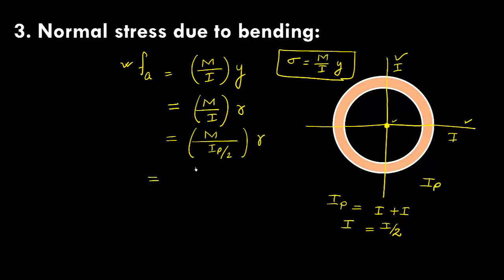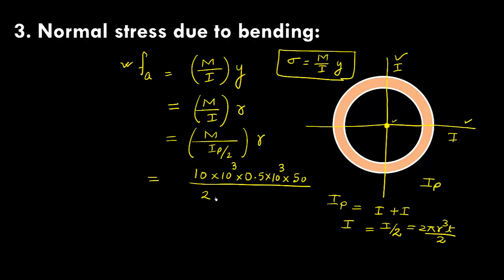Now let us plug in all these values. Moment is force times distance. Force is 10 kilonewton, and this force is applied at a distance of 0.5 meter. If you remember, in the beginning we said this force is applied at 0.5 meter, and let us convert this into millimeter. The radius is 50 mm, and this is divided by IP divided by 2, that is nothing but 2 pi R cube times T divided by 2.